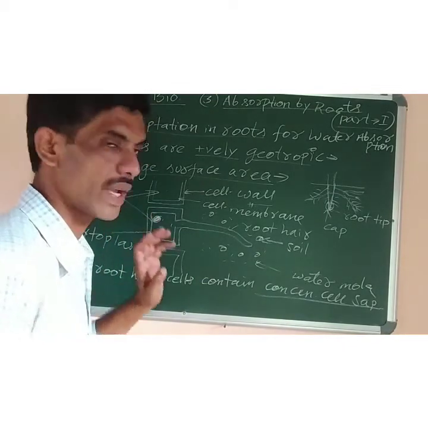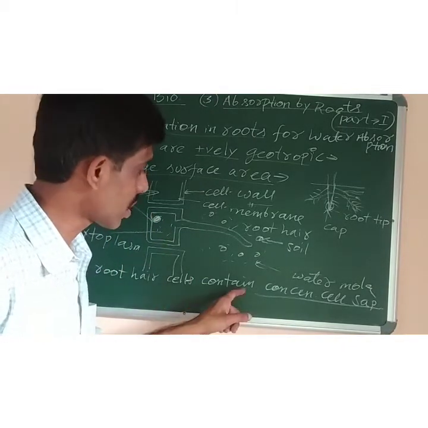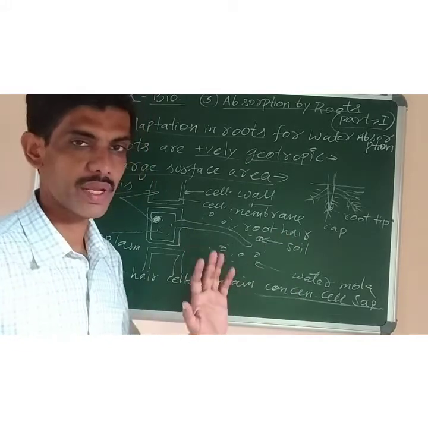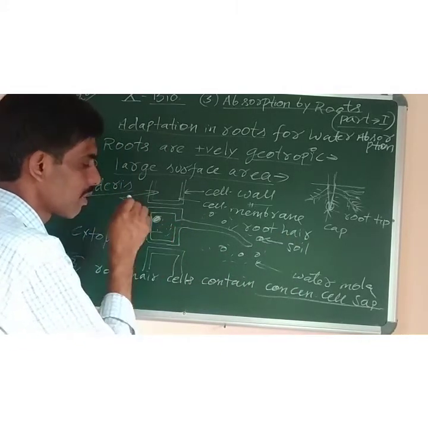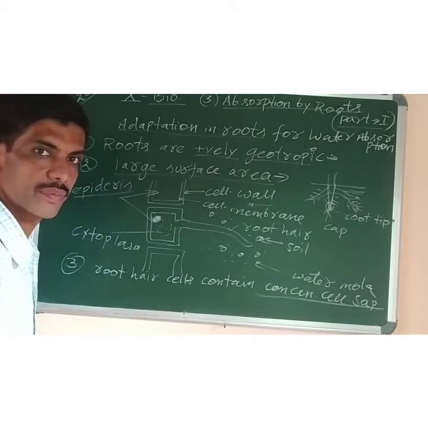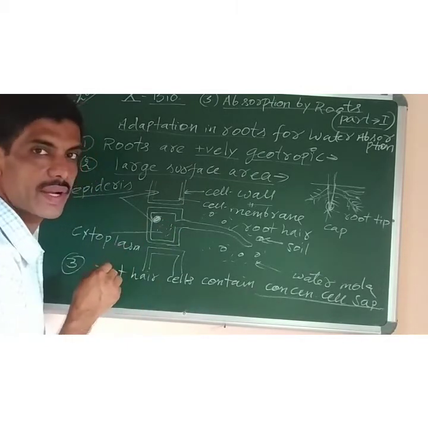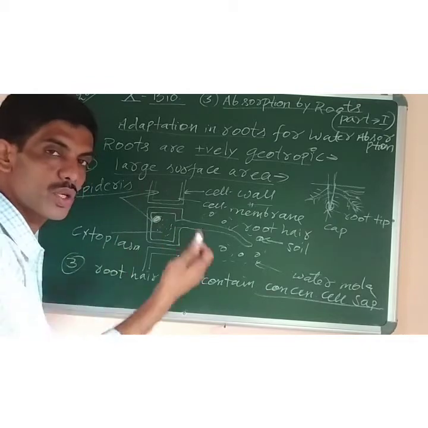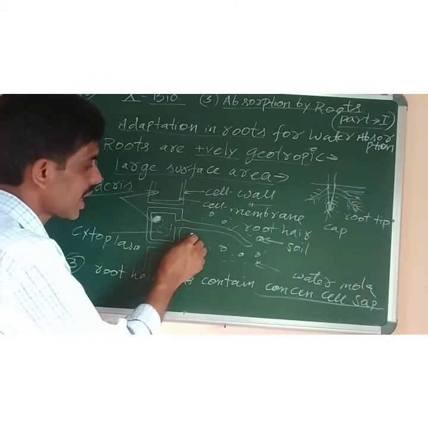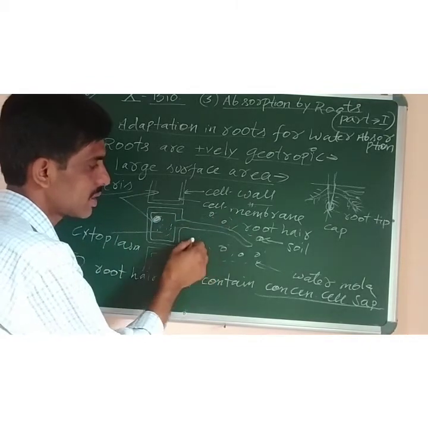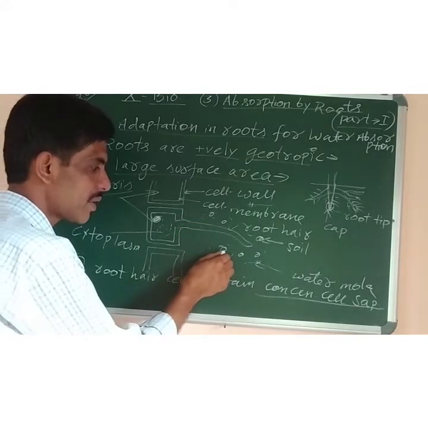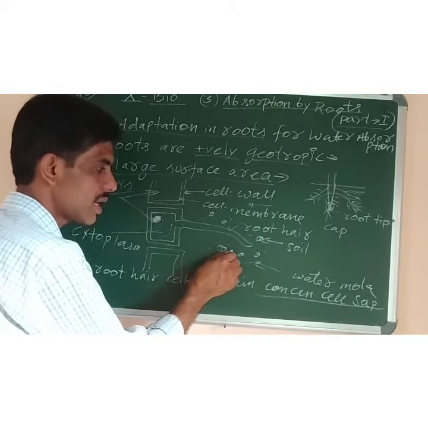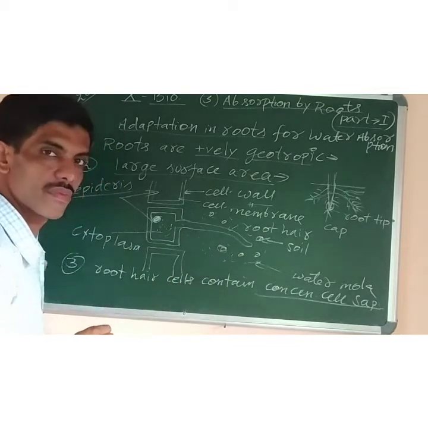This is the root hair cell. Concentrated cell sap means there is plenty of solid and less of solvent. That is, water is less but the solid molecules are more. Outside in the soil, which is the surrounding soil in which the root hair cell is present, plenty of water molecules are present and fewer solid molecules.